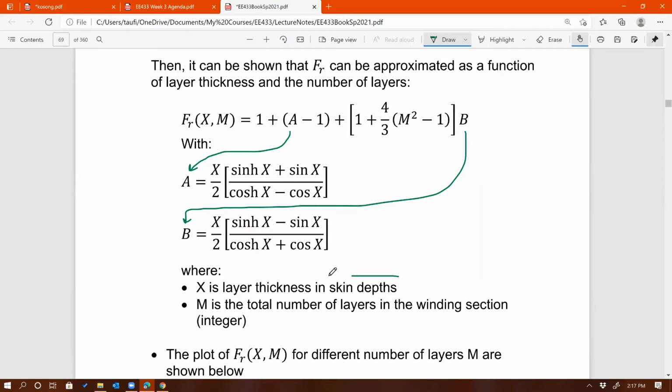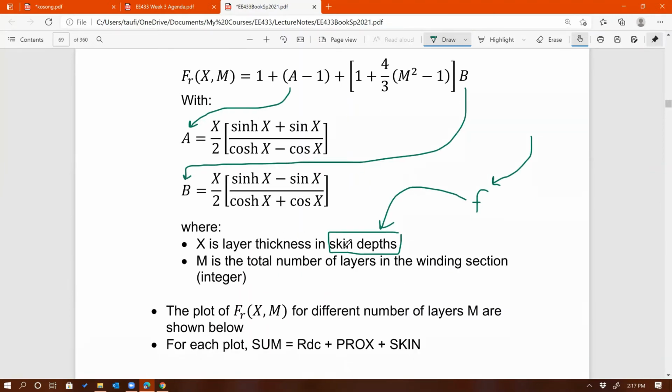Of course, this is something that you would know for a given operating frequency. So you must know the switching frequency first. Once you know this switching frequency, then you can find the skin depth, and then based on that skin depth, you can vary the value of X, based on how much the thickness is with respect to the skin depth. So that's what X is. Any questions so far?